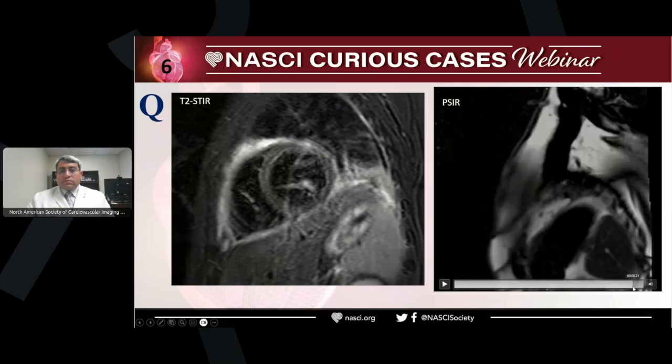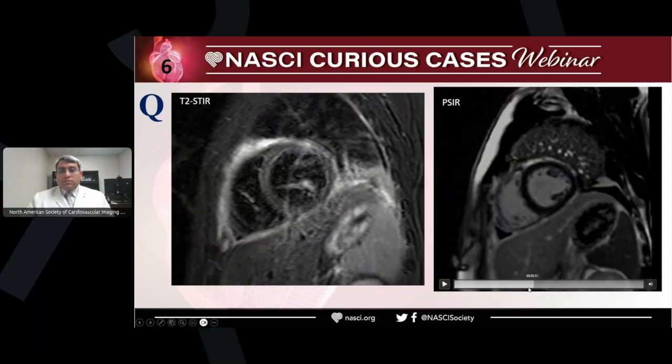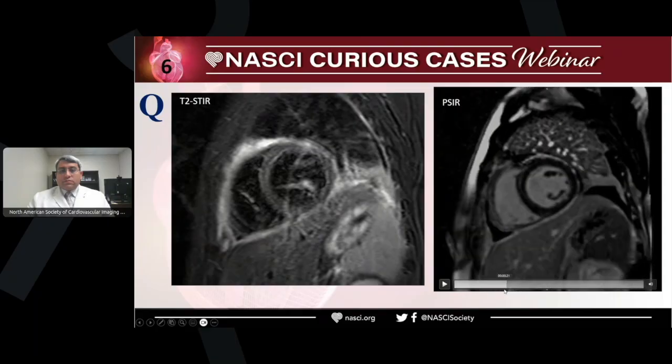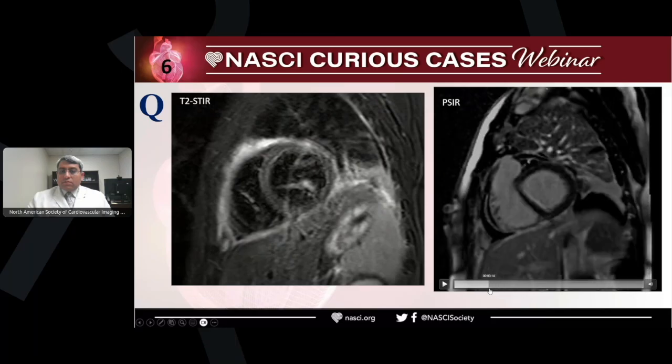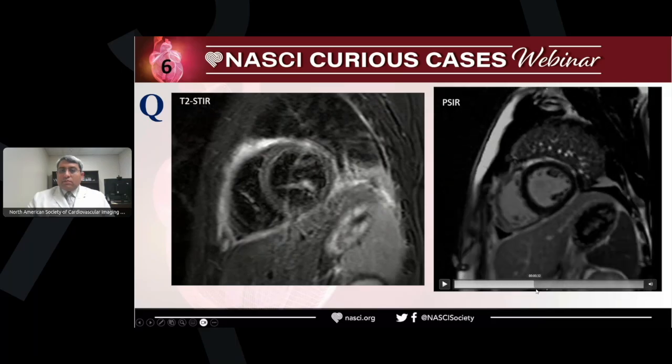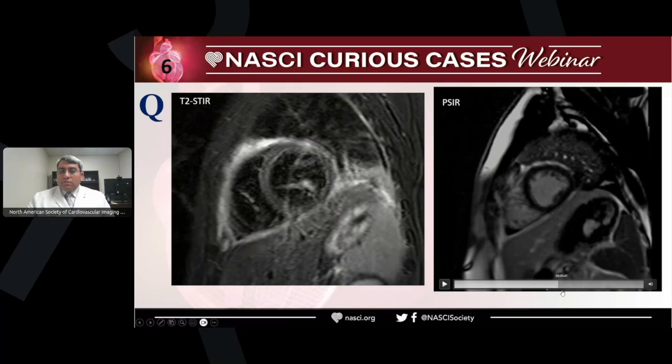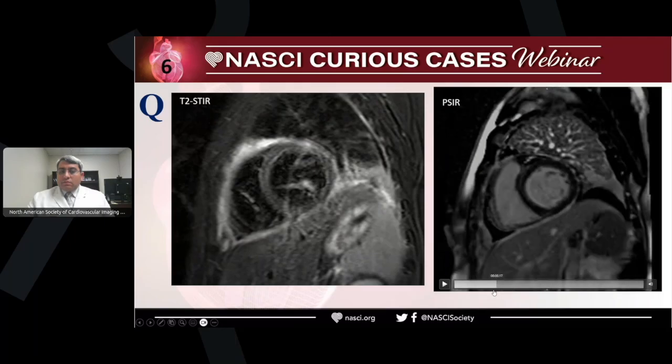So on the left, it's the T2 STIR. I feel like the myocardium of the left ventricle is hyperintense compared to the skeletal muscle. And then on the PSIR short axis, it looks like at the septum you have quite a bit of mid-myocardial or intramyocardial LGE, maybe more so near the base.